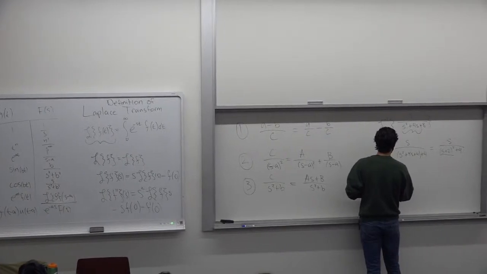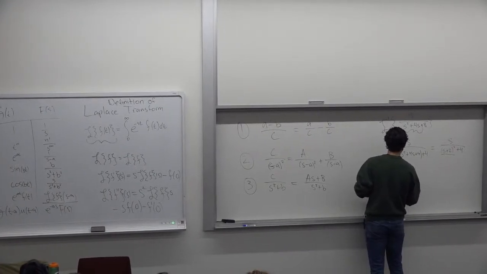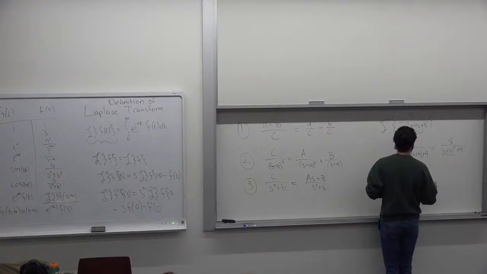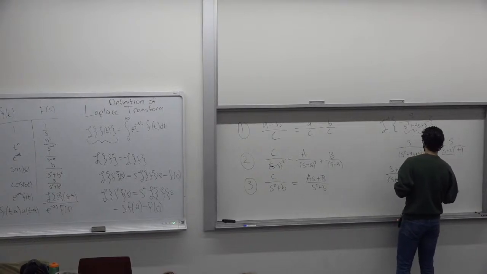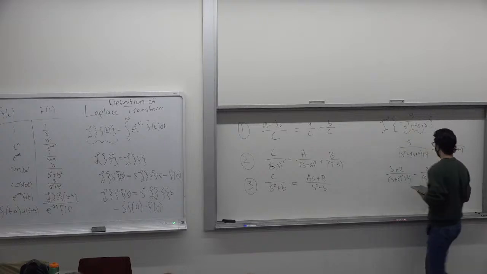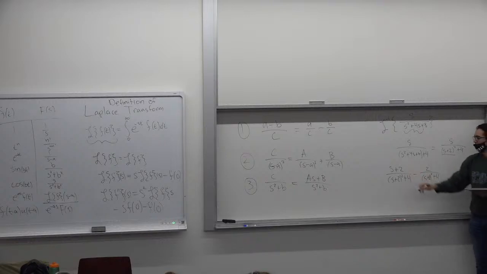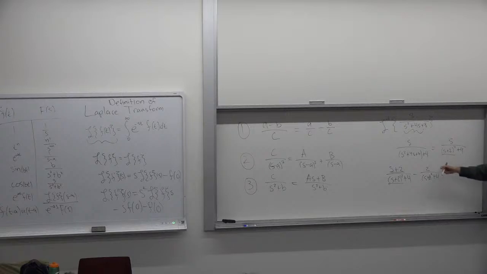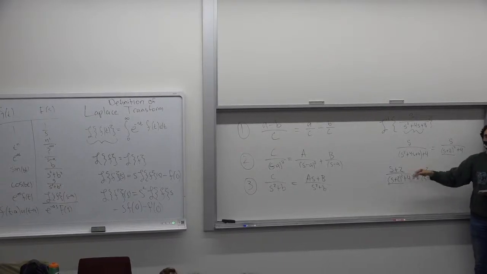So we take the Laplace transform of s plus 2 over s plus 2 squared plus 4, minus 2 over s plus 2 squared plus 4. Here we added 2 to make sure it agreed, and then we subtracted 2, because we can't just add 2 onto an equation, otherwise it's not the same equation. So we have to subtract what we add on.